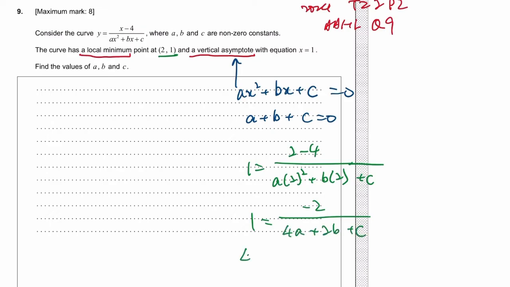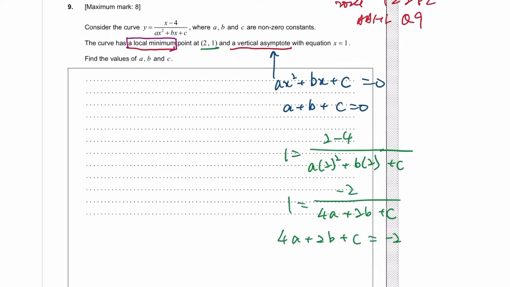Then we multiply to the other side. Now we already have 2 equations, 3 unknowns. Oh, then it's not that hard. It's actually quite straightforward. It's just tedious, I guess.